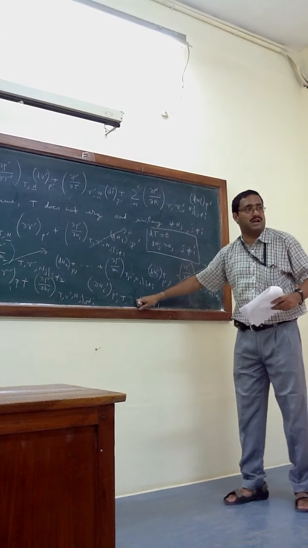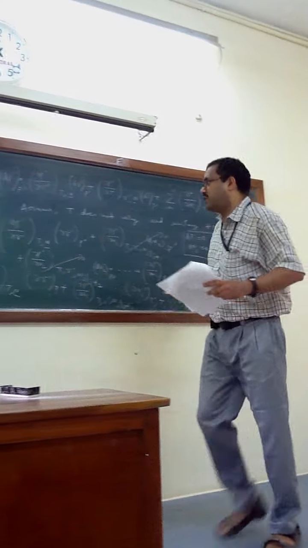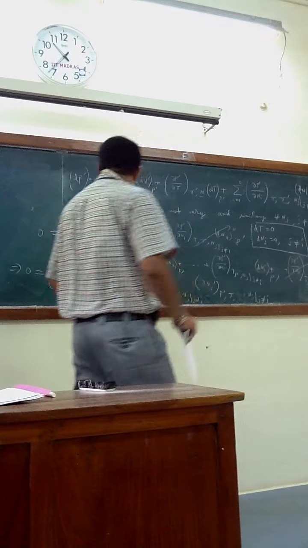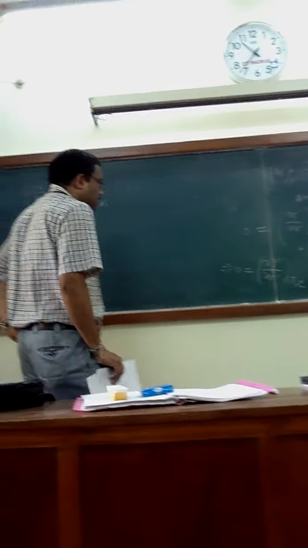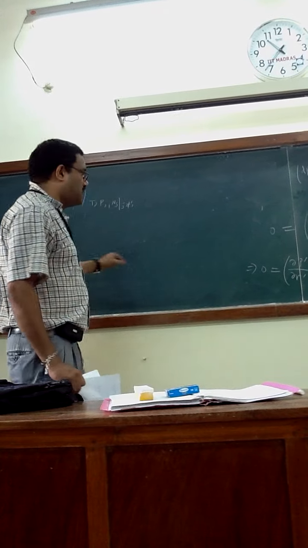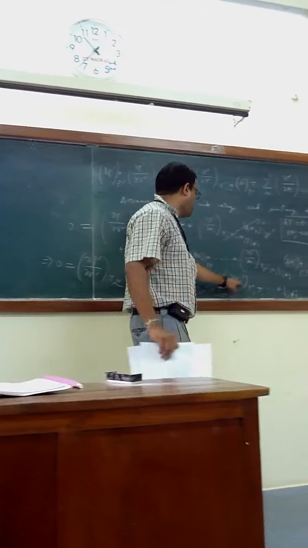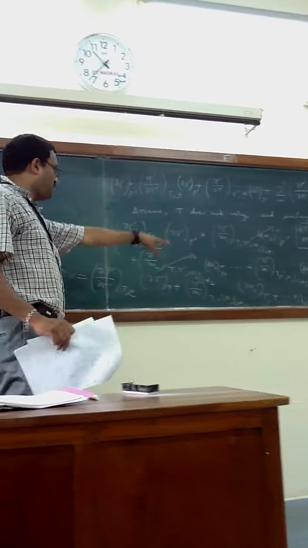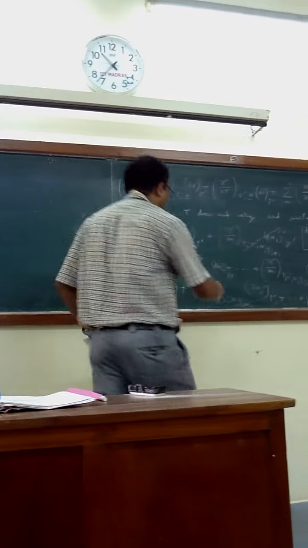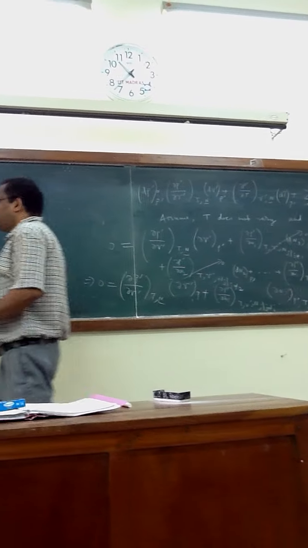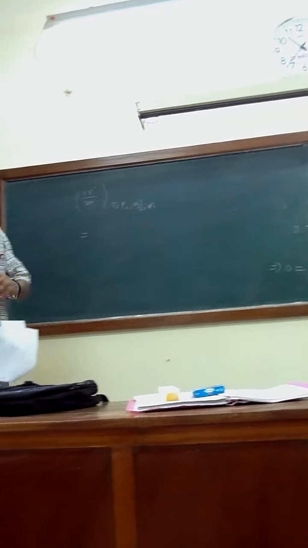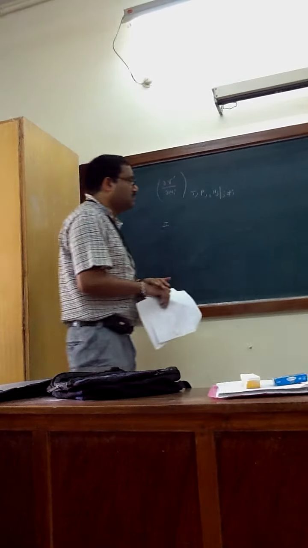So V prime is actually extra. I didn't impose that. Okay. So whatever you impose, you have to write. What you actually get, what you are getting? ∂V'/∂ni. These terms are obtained from there. ∂V'/∂ni. Is it coming from there? Yes or no?